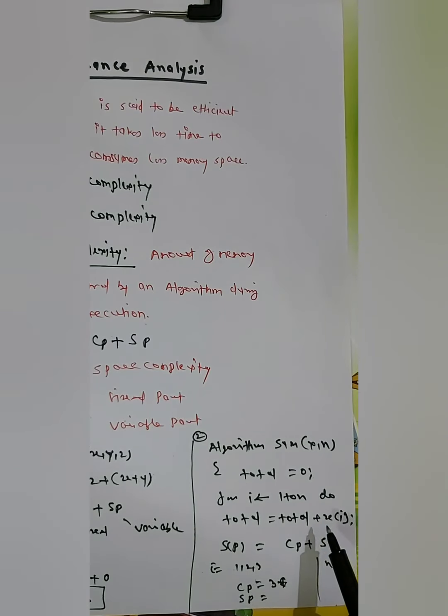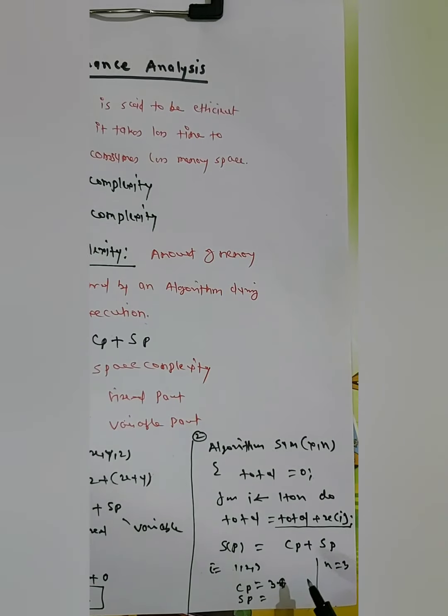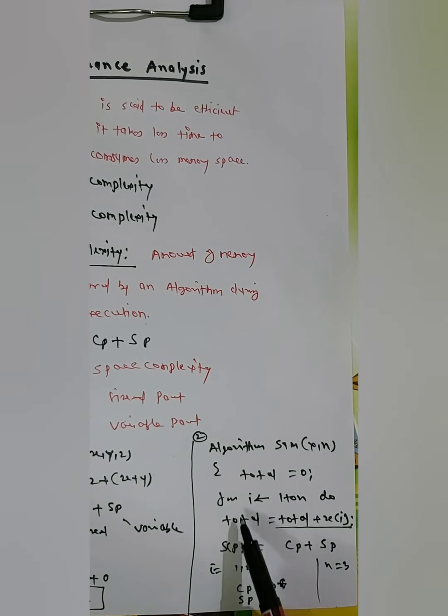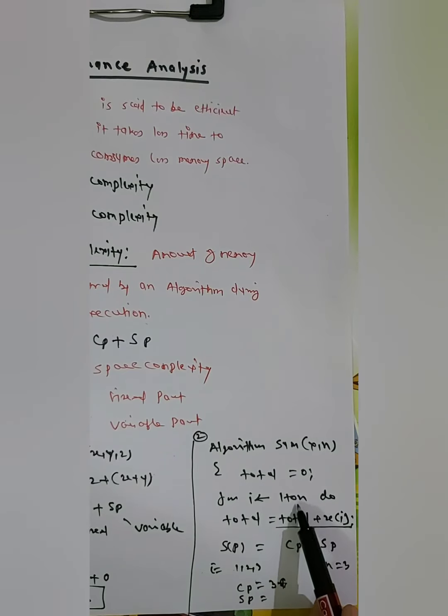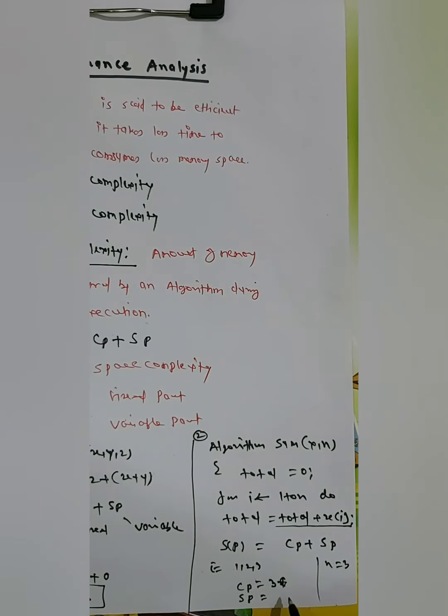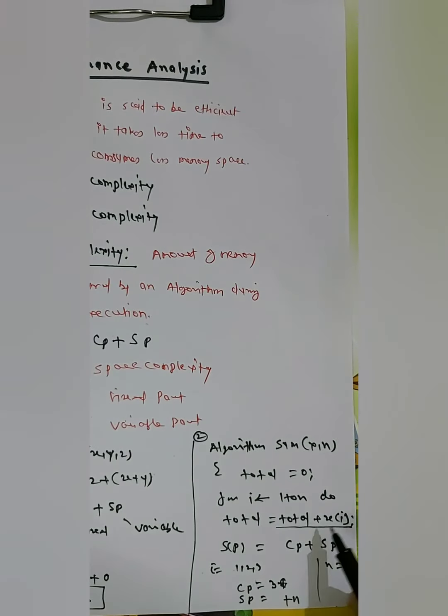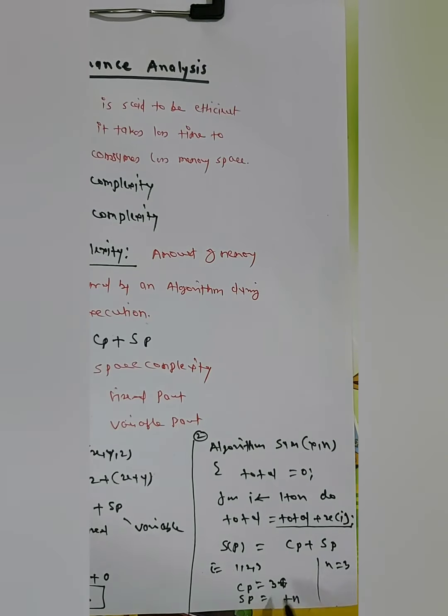Now the total value depends upon two terms, total plus x of i. So this is our changing variable part, changing 3 times. Here i equal to 1, 2, 3 means the value depends upon n, and x of i is changing 3 times, x of 1, x of 2, x of 3. So 3 plus n.